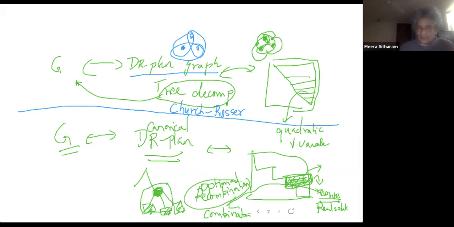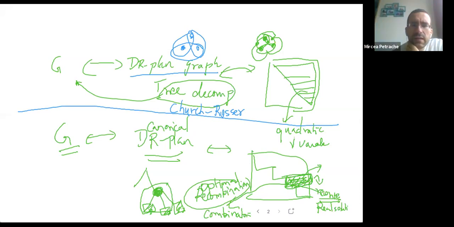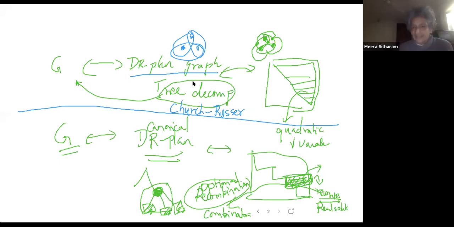So may I ask also a question? Yeah. I wanted to make clear how can we know if a graph is 3D composable? That's what I was just talking about.